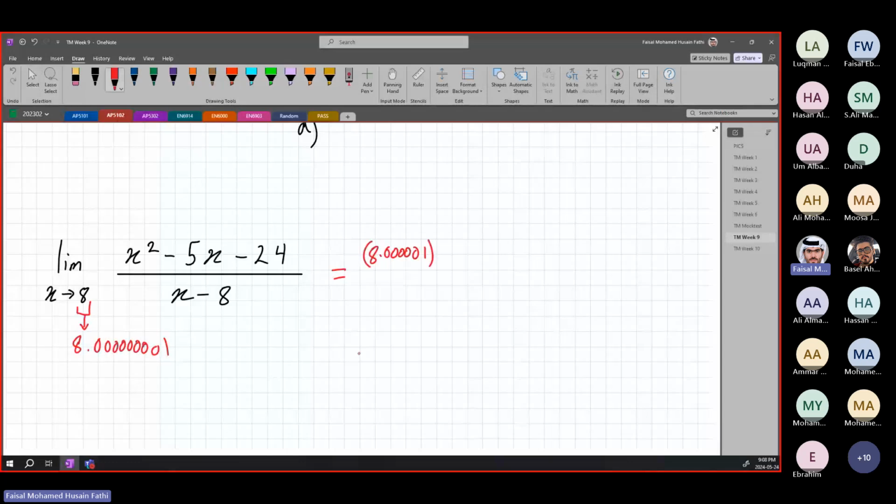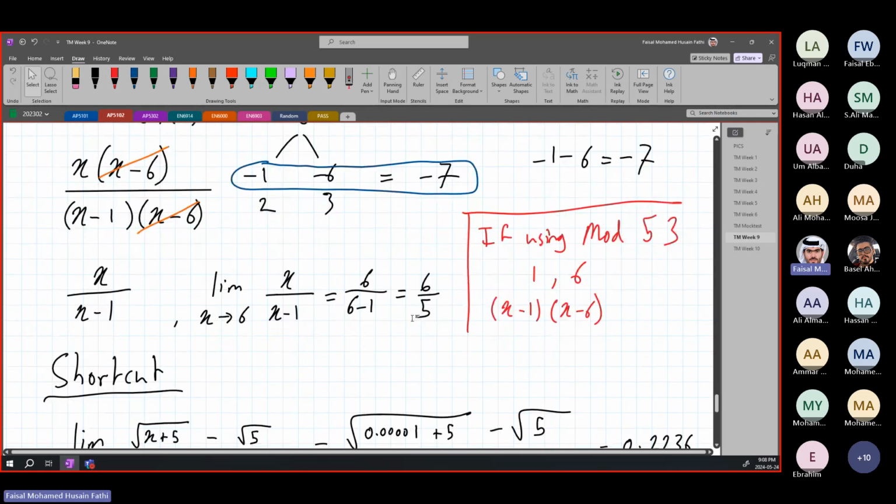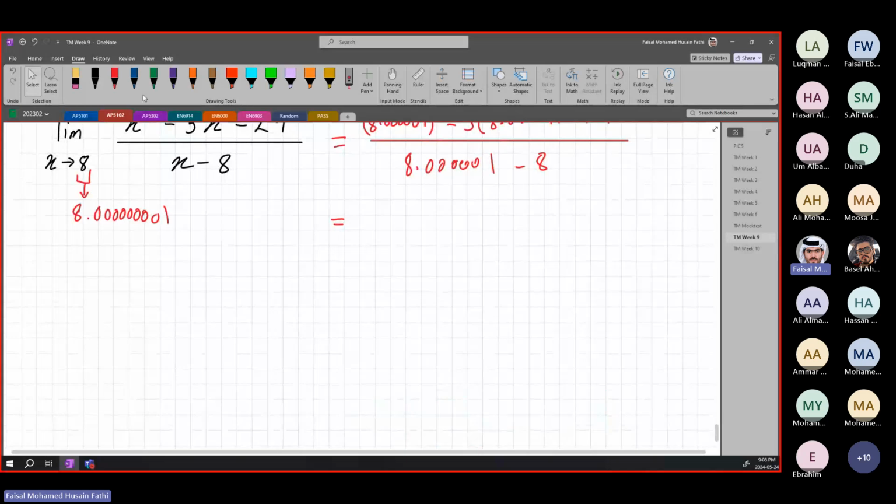So it's going to be 8.000001 squared minus 5 into 8.000001 minus 24 divided by 8.000001 minus 8. And you will notice that you're going to get an answer. So when we solved this, our answer was 6 over 5. So the answer was initially 6 over 5, which is equal to 1.2.